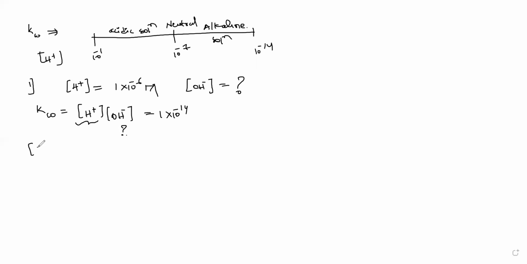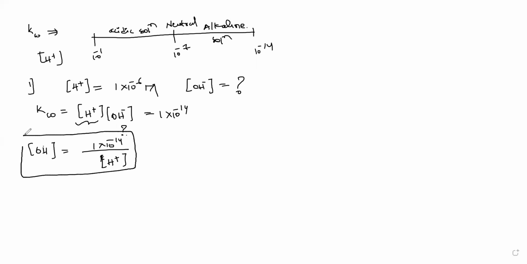So what we can write is the concentration of OH minus is equal to 1 into 10 to the power of minus 14 divided by the concentration of H plus. This is the relation. Like this, we can calculate the concentration of OH minus.